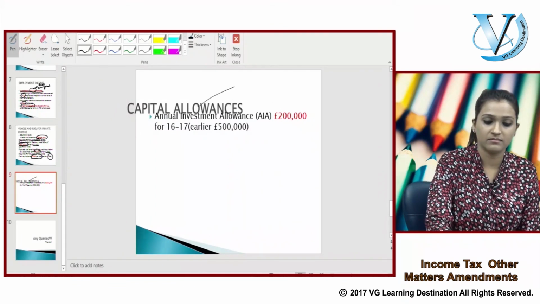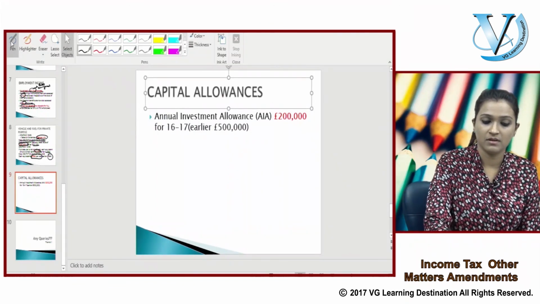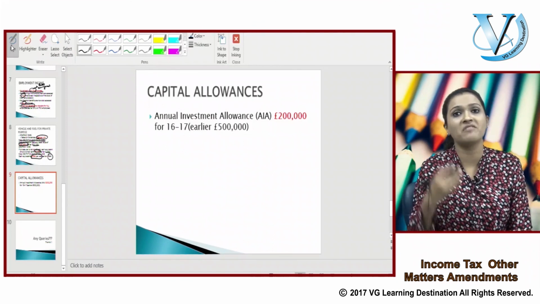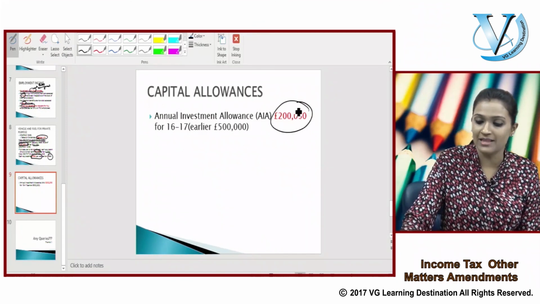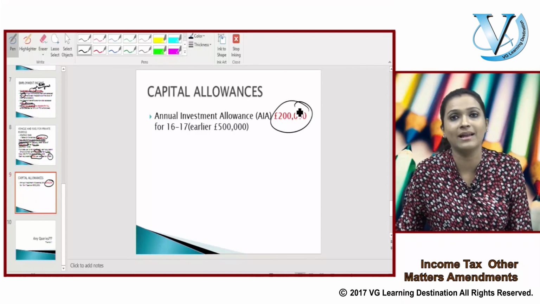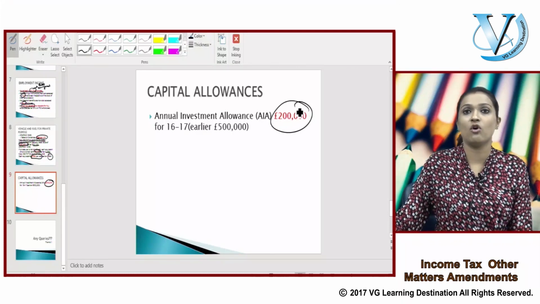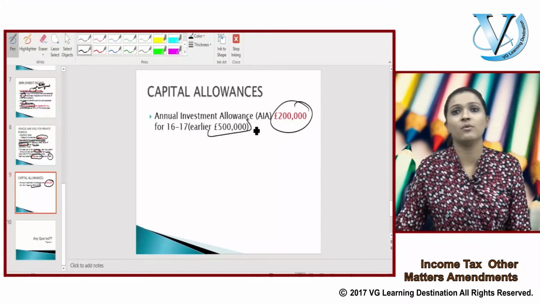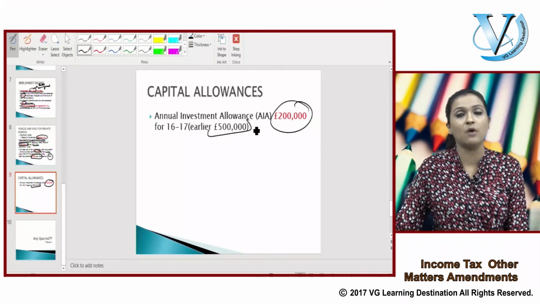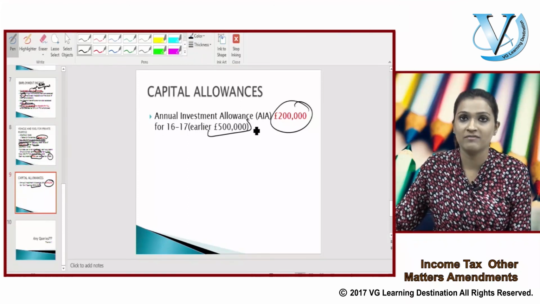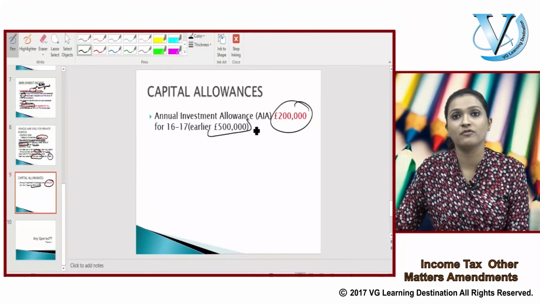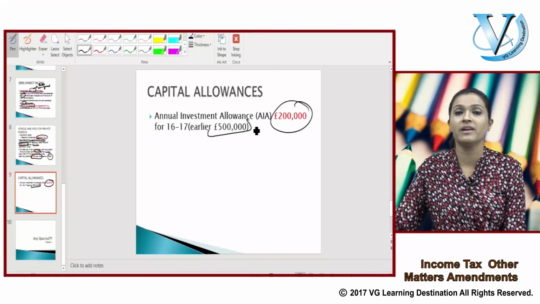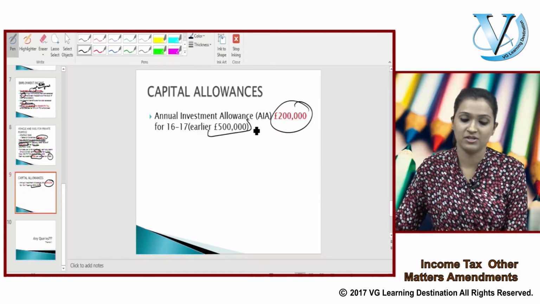Right, so the revised limit is £200,000 as your annual investment allowance instead of the earlier £500,000, which you were allowed to take in respect of your purchases on plant and machinery which were qualifying purchases.